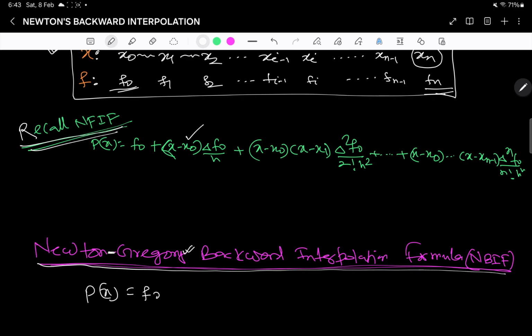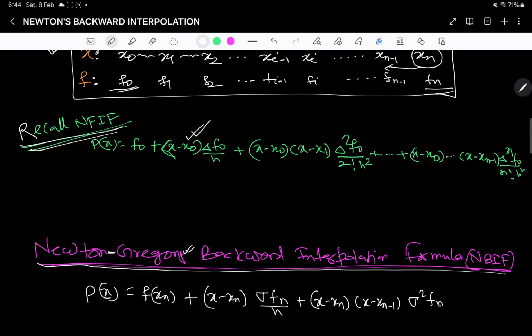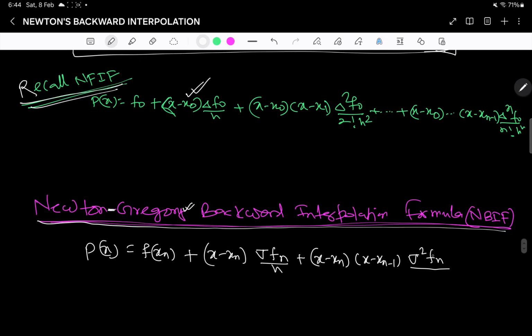It is f(xn) plus (x minus xn), okay, here x0 is replaced by xn, del fn by h. Okay, the next will be (x minus xn) into (x minus x(n-1)) into del square fn, inverted del here, divided by h square factorial 2.